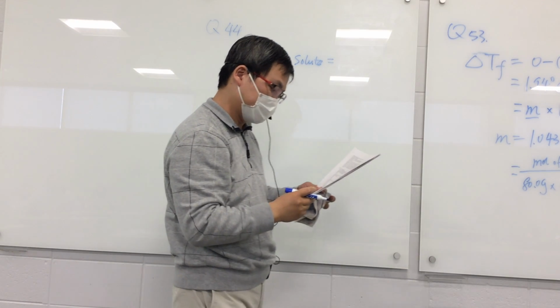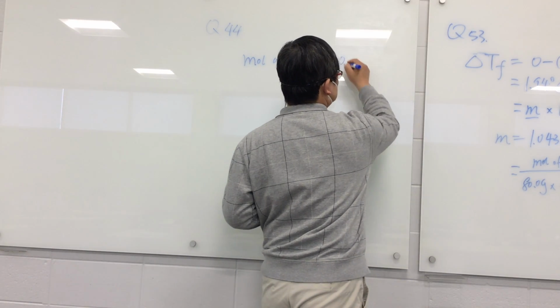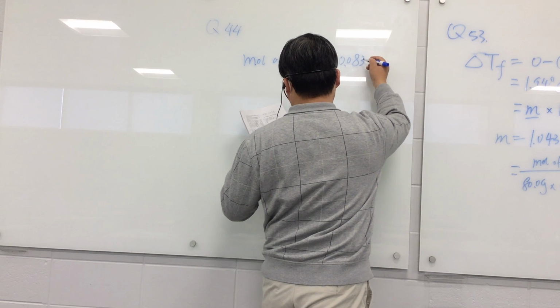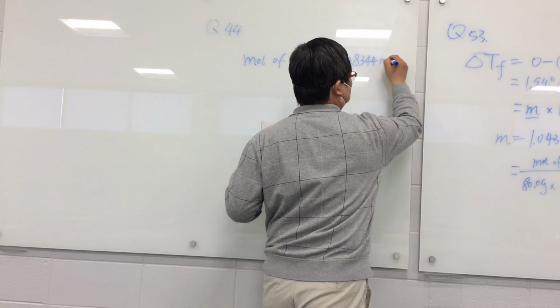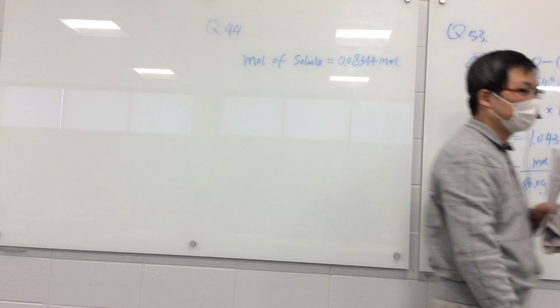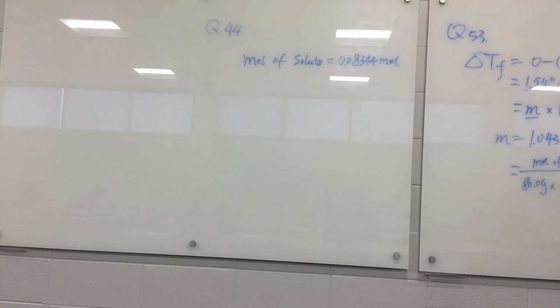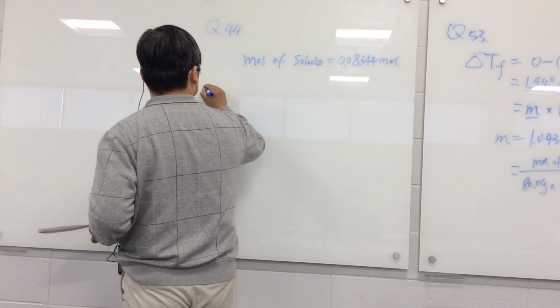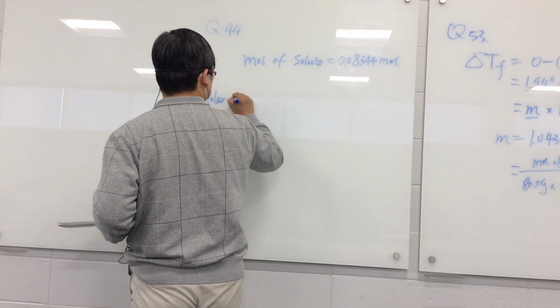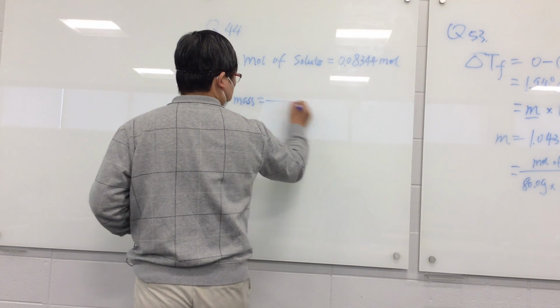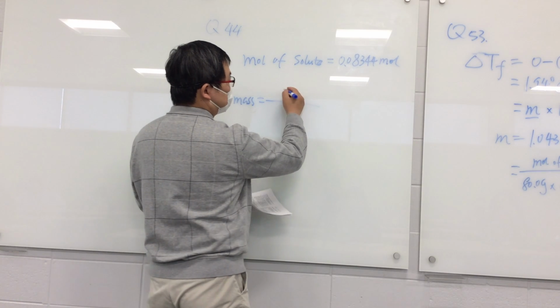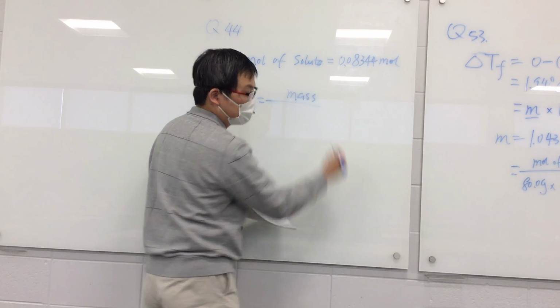Moles of solute equals how much? Equals 0.08344 mole. Right? We count the mole. And how many grams? 12 grams. Then we know the molar mass, right? Molar mass equals what? Equals mass divided by what?